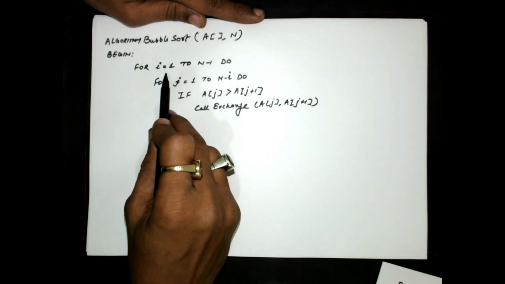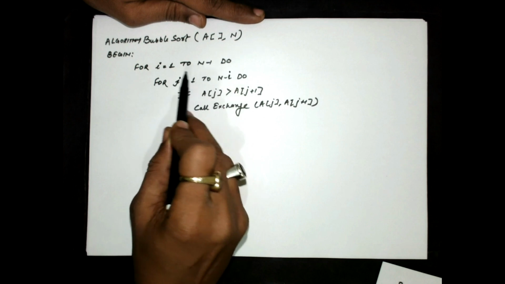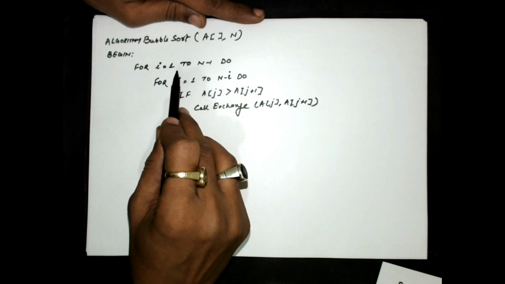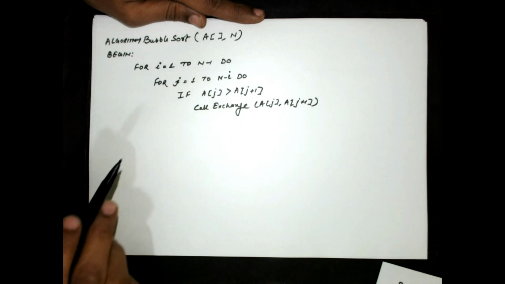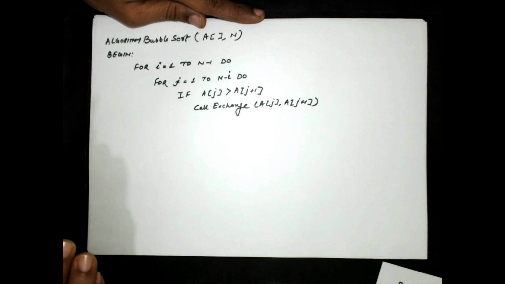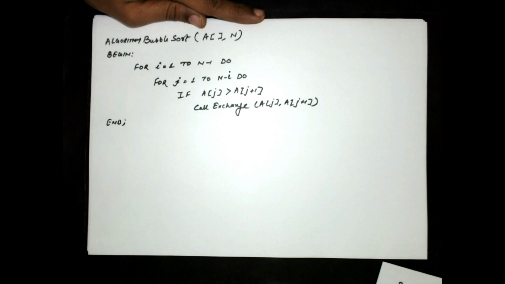If the value of i is 2, meaning we are doing the second iteration, this will be n-2. If this is 3, this will be n-3. Whichever iteration we are in, the inner loop will perform one less comparison than the previous one. So this is the algorithm for the bubble sort.